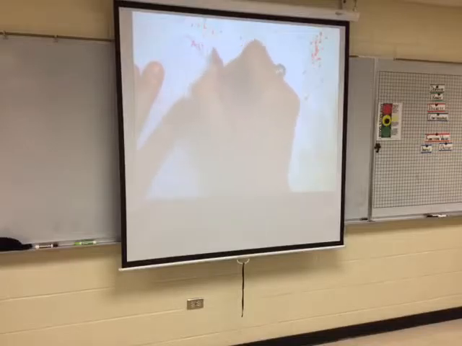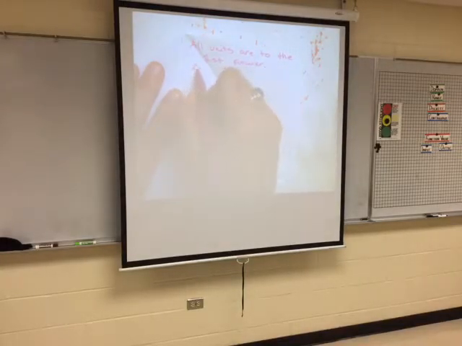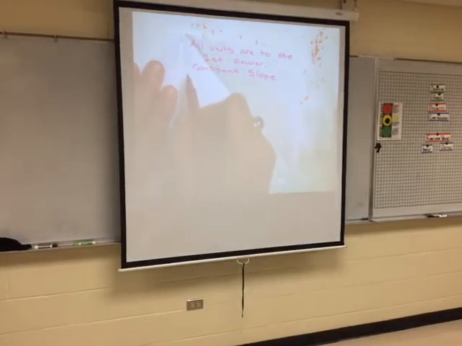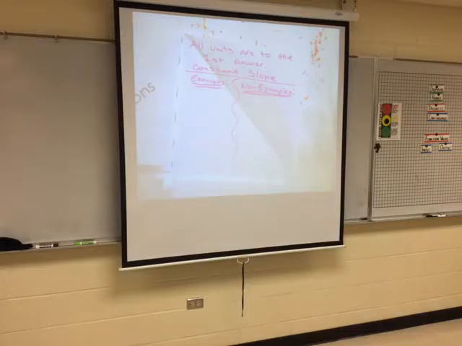So I'm going to say all units are to the first power. We have a constant slope. And I like these examples versus non-examples, so we're going to do those again. Let's see, I'm going to go with green.